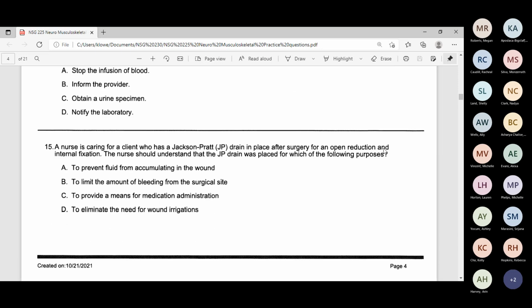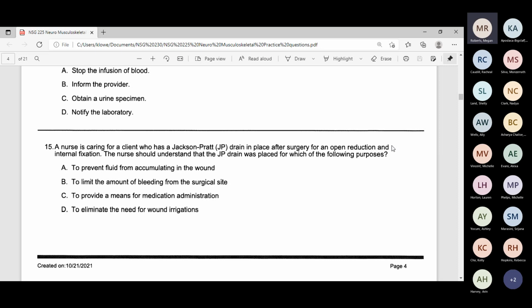All right. Nurse is caring for a client who has a Jackson-Pratt drain in place after surgery for an open reduction internal fixation. The nurse should understand that the JP drain was placed for which purpose? Why do we put a drain in?